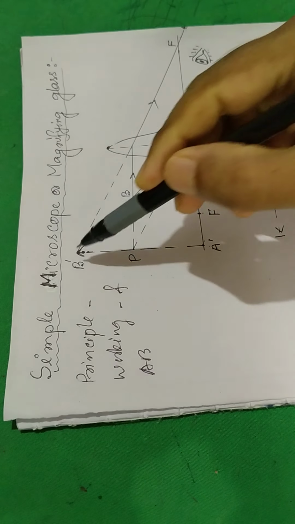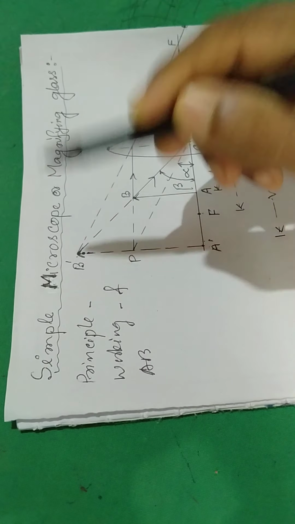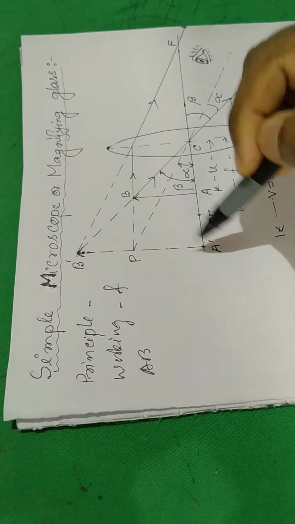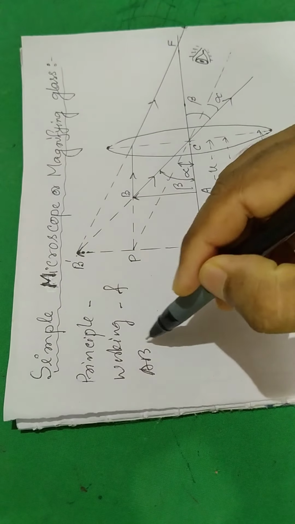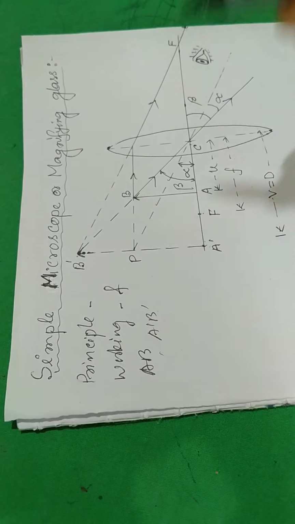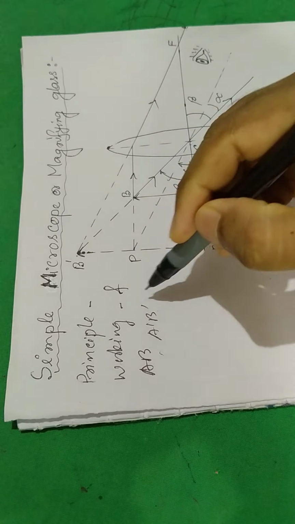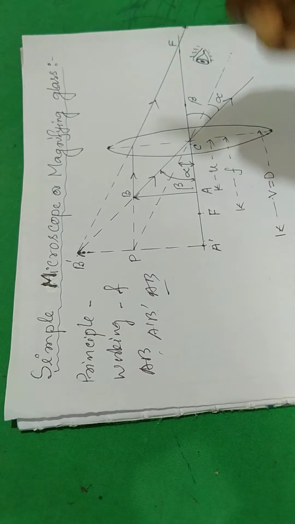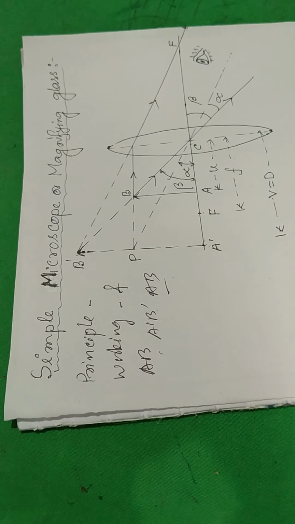They appear to come from B dash. Therefore, A dash B dash is the virtual image of the object AB. This image is erect and magnified.